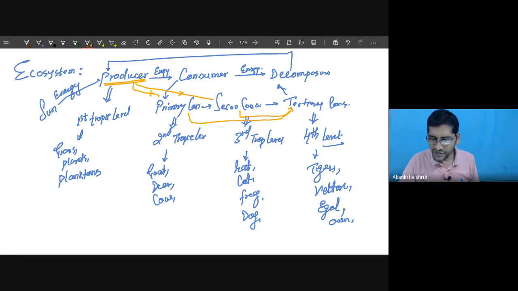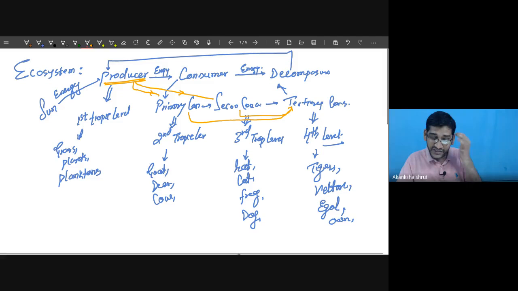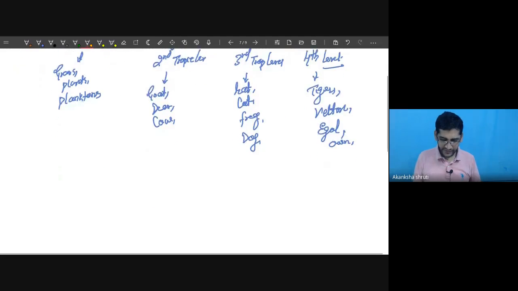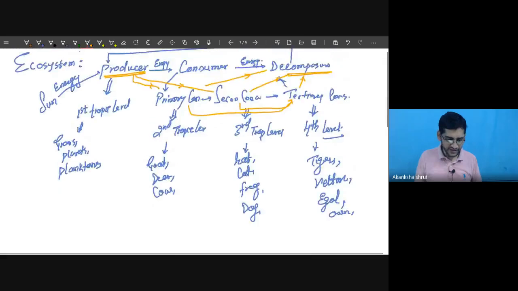Detritus or decomposer can decompose either the primary consumer, secondary consumer, or tertiary consumer. To anyone it can go. So to represent all these things, a pyramid is drawn.